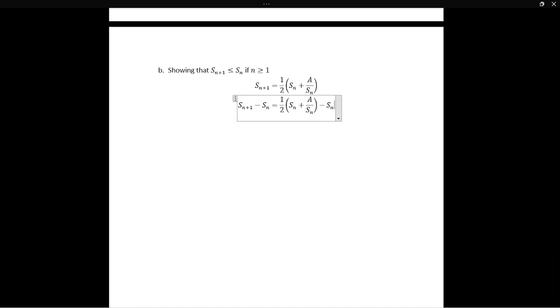If I multiply by half, I get half s of n plus half, in fact let's just factorize half, so we get s of n plus a divided by s of n. If we factorize half from s of n, we get the minus 2 s of n. We did this before when we were factorizing 1/4.